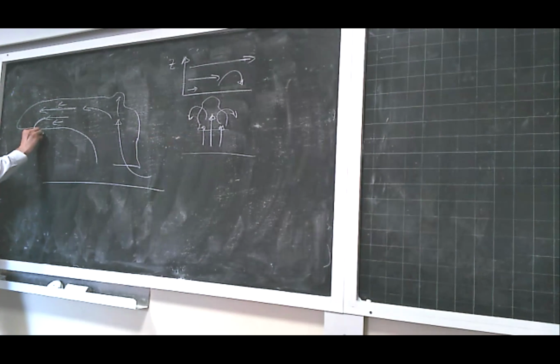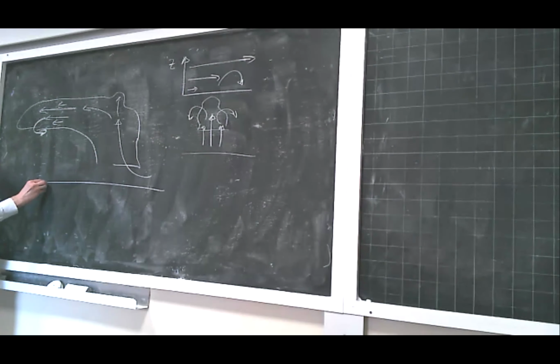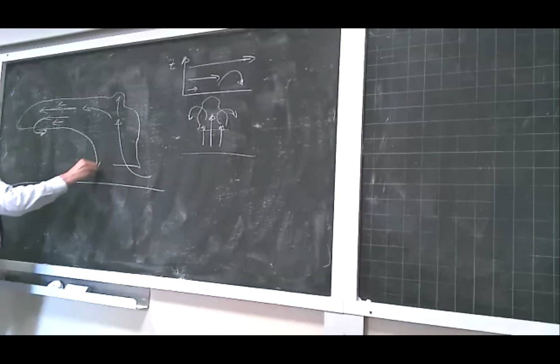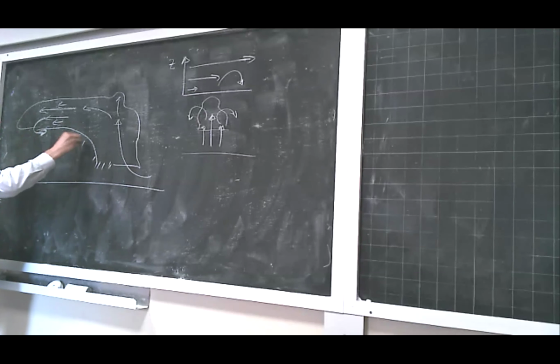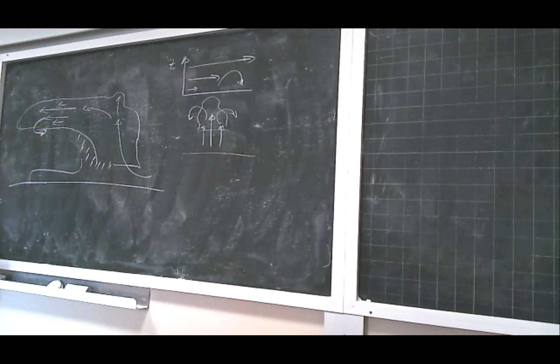So you get vorticity that looks like that. Now, at the same time, you remember, I told you there is precipitation here, everywhere here. This precipitation forms outflow. And in this outflow, you have vorticity like so.